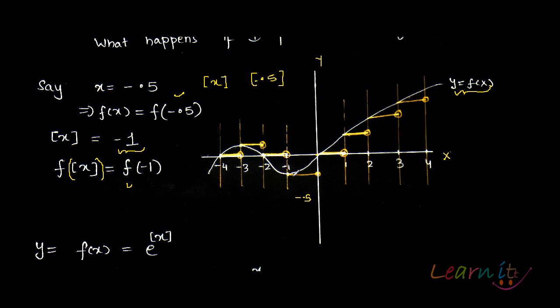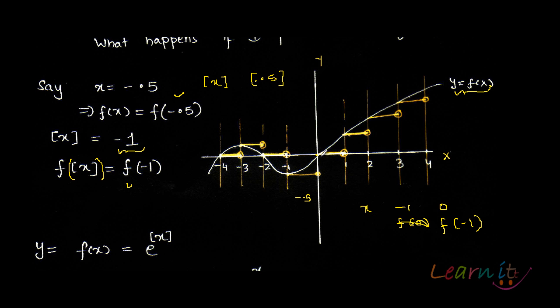So every x value between minus 1 and 0 will have the f value equal to f of minus 1, not f of 0. So this horizontal line depicts that.